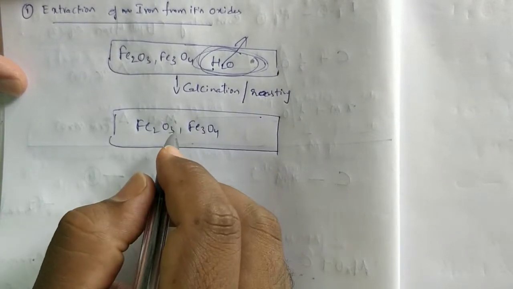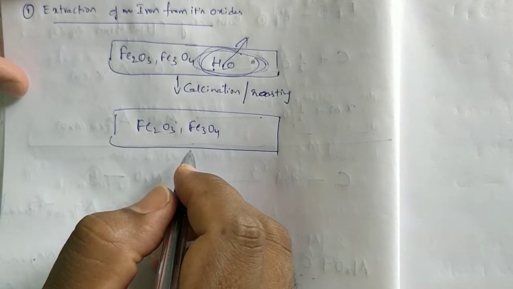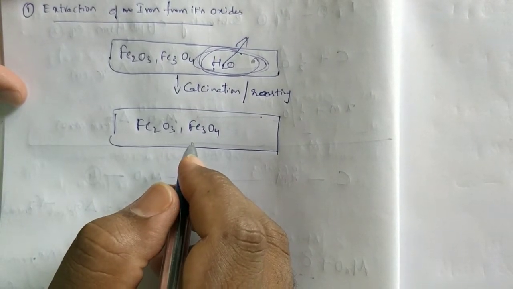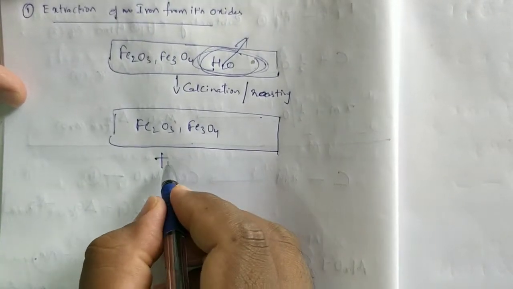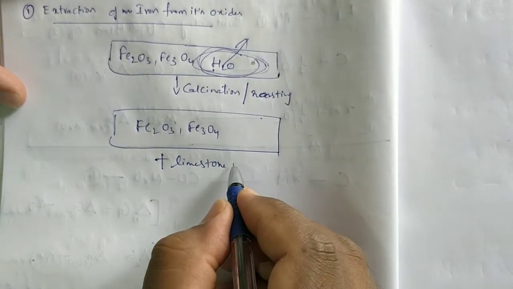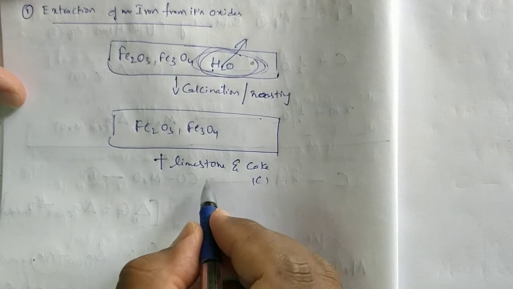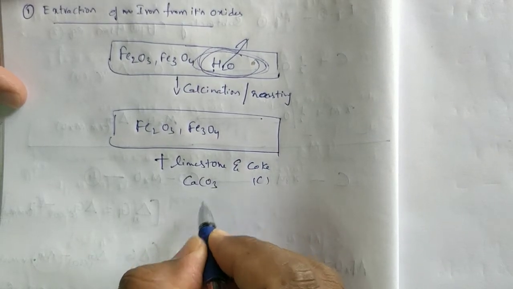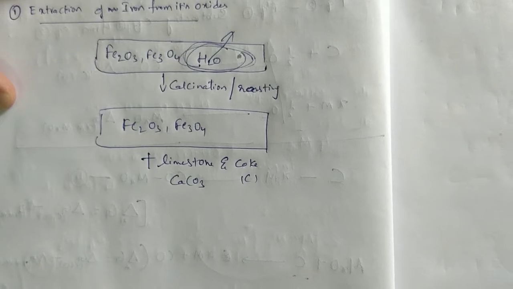After that, these are mixed with limestone and coke and fed into a blast furnace. This ore is mixed with limestone and coke. Coke is nothing but carbon only, ma. Limestone formula is CaCO3.